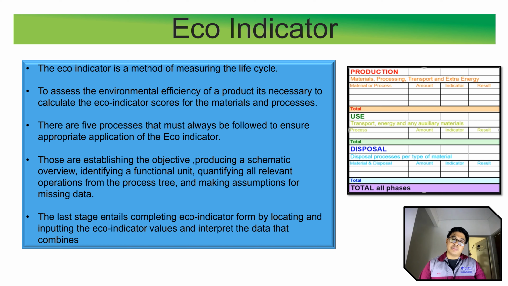Those are stabilizing the objective, producing a schematic overview, identifying the functional units, quantifying all relevant operations from the process tree, and making assumptions for missing data. The last stage entails completing the eco-indicator form by locating and inputting the eco-indicator values and interpreting the data that combines.